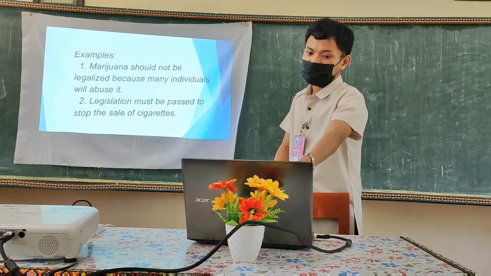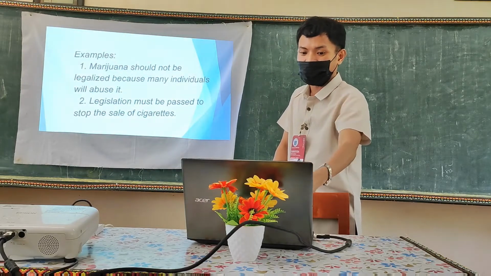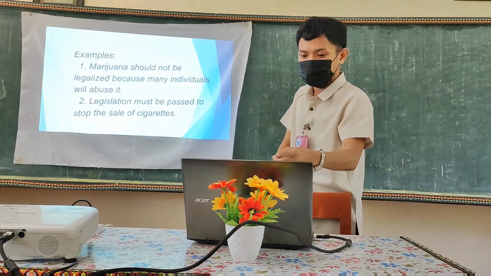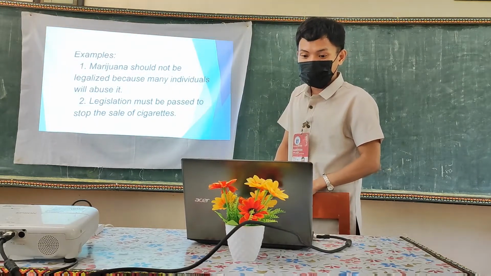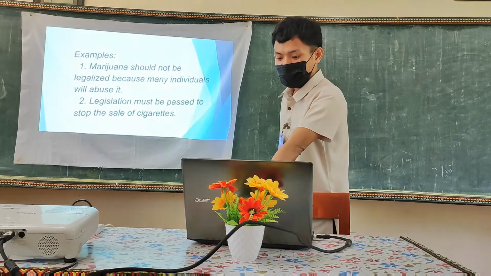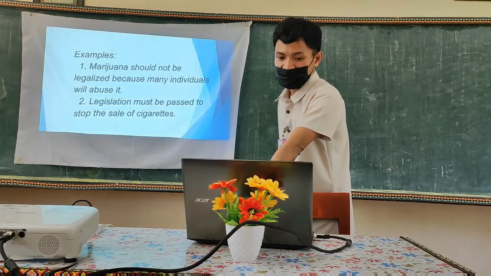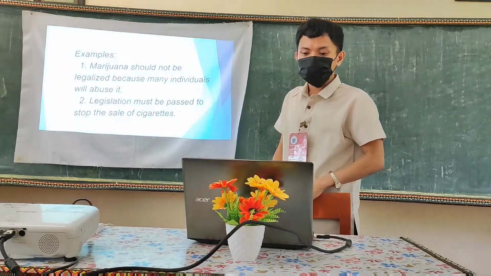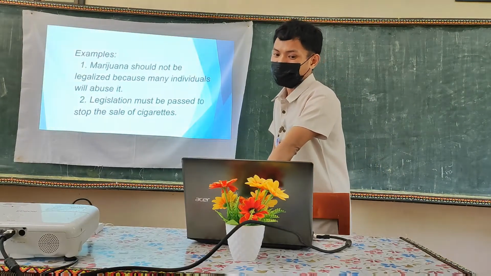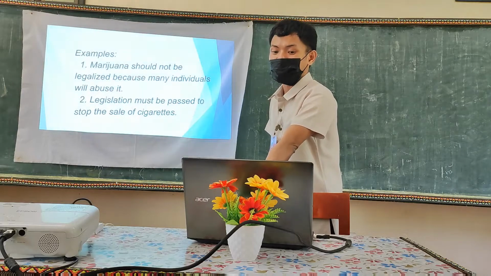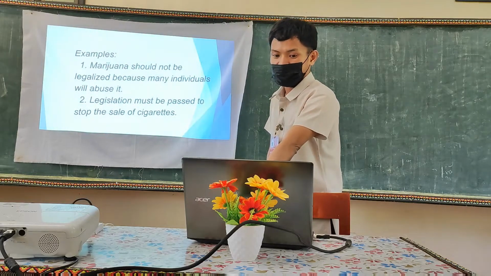So marijuana should not be legalized because many individuals will abuse it. This example that I have given here is indeed an example of a claim of policy. Second, legislation must be passed to stop the sale of cigarettes. So those are the examples that I am going to give to my learners now.